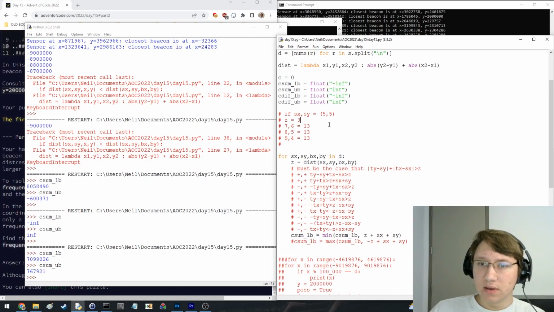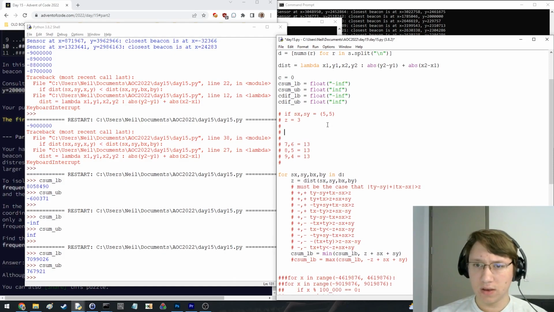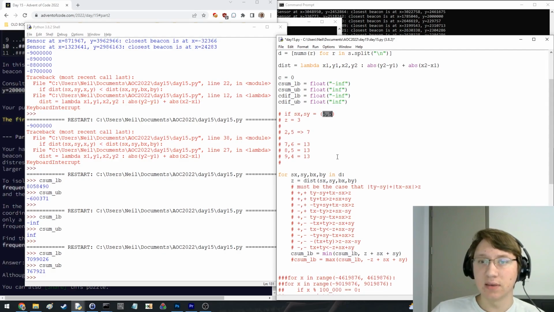Let's see. That would just be equivalent to like, let's do 2, 5. So the sum here is 7. Yeah, this is going to be sum of these two, sx plus sy minus z. So I think it needs to be between, oh, sorry. It can either be, I see.